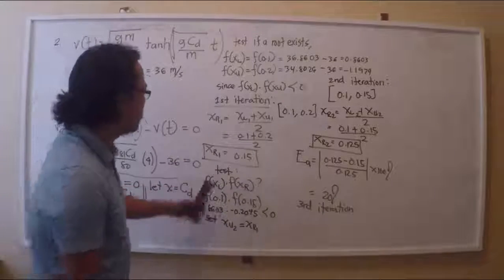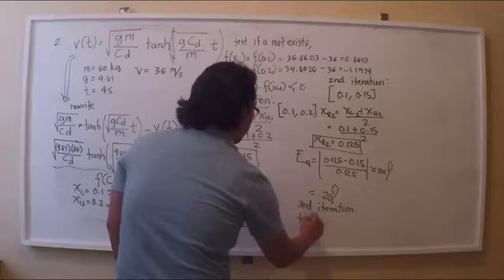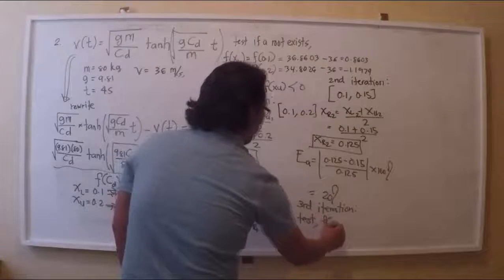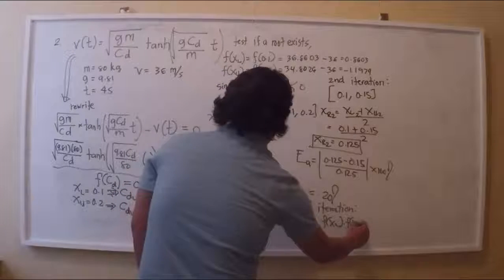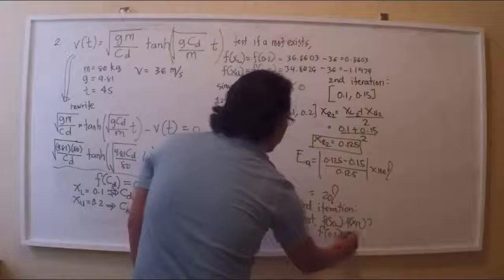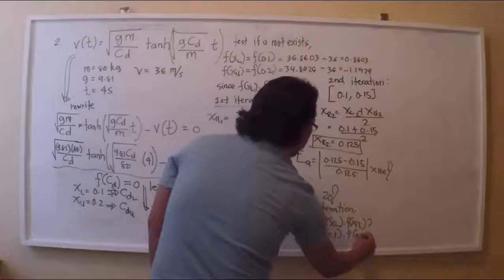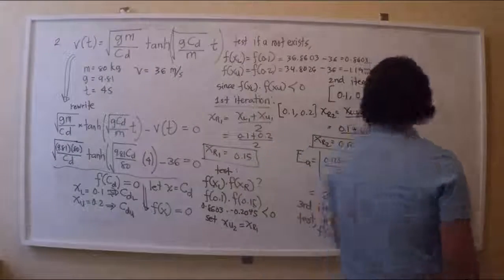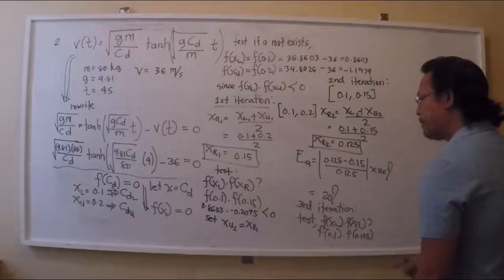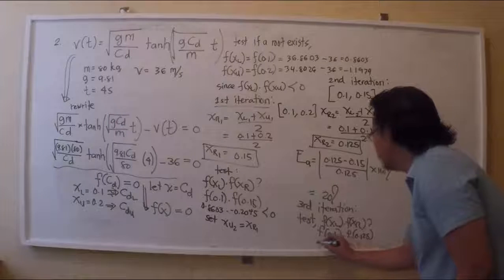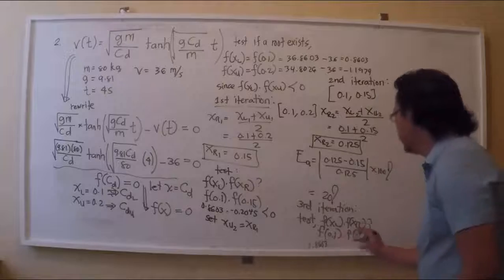So we will execute this test. We will say f of xl times f of xr. What is this? F of lower boundary 0.1 times f of 0.125. Okay. So we know that f of 0.1 is already 0.8603 times whatever this value is.